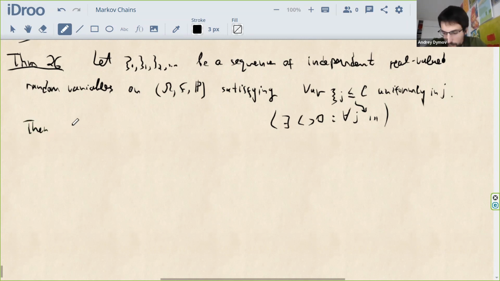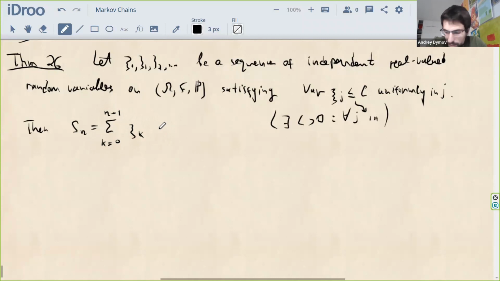Then let me consider the random variable Sn, which is just the sum of the first n random variables xi k from my sequence. So I take the sum from k equal to 0 to n minus 1 of xi k.